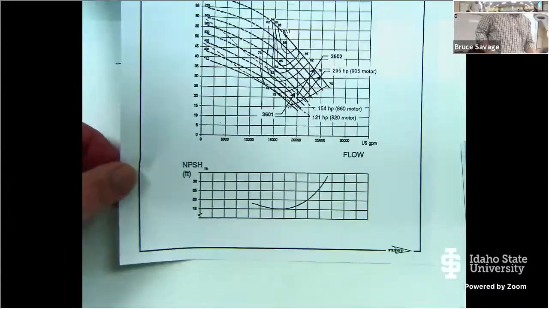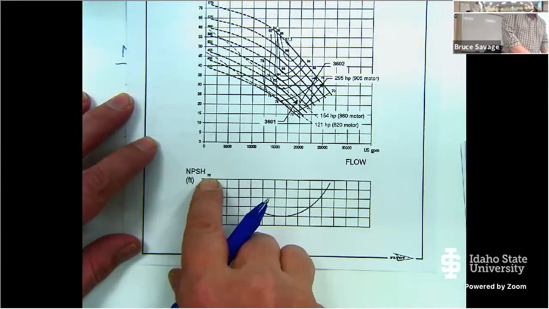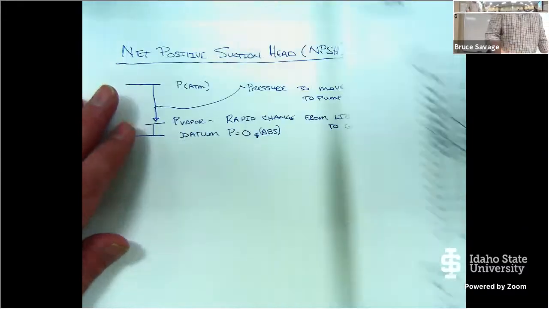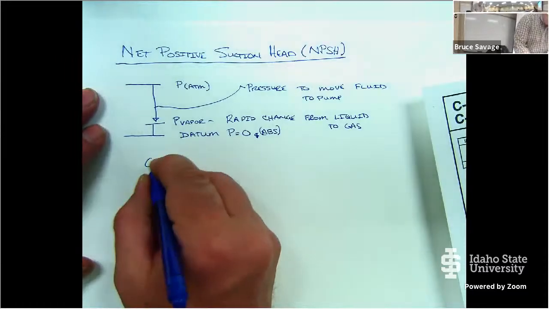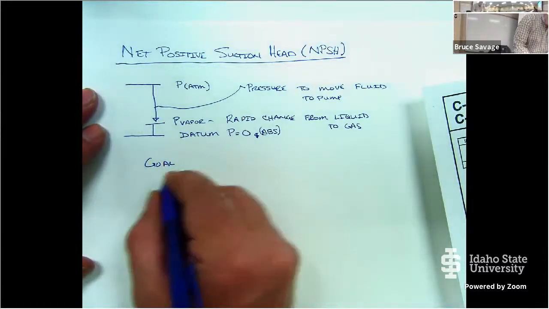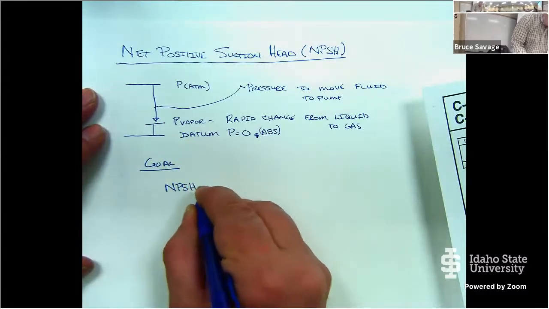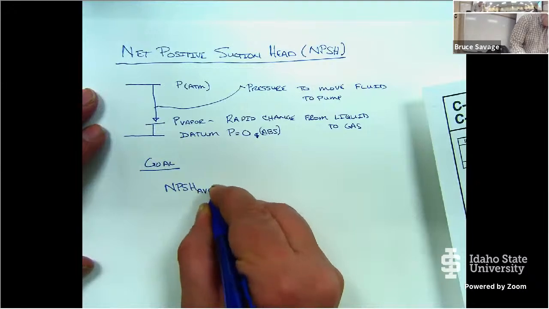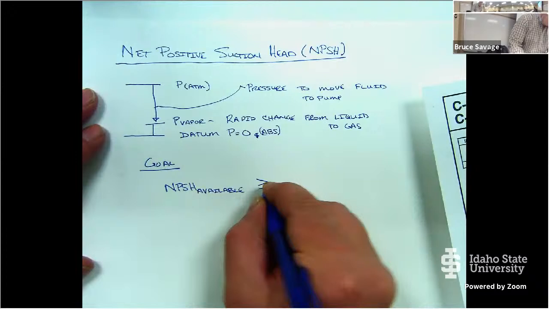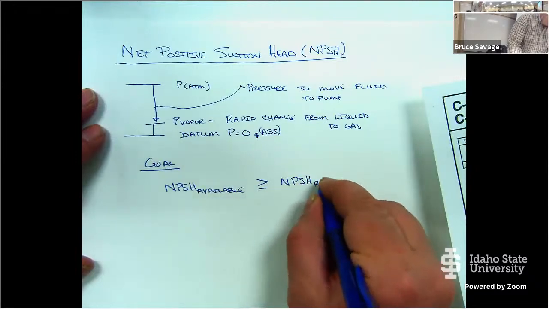Okay, so I'm going to throw this pump curve up here, and down here we have NPSH, and then subscript RE. RE means required. So our goal is to make the net positive suction head available greater than or equal to the net positive suction head required.